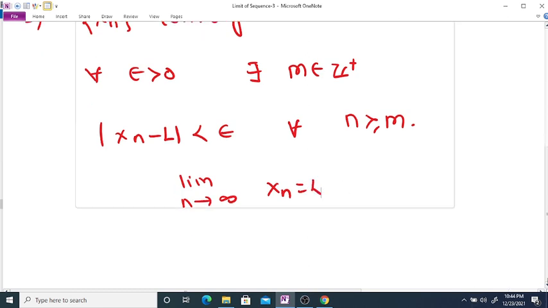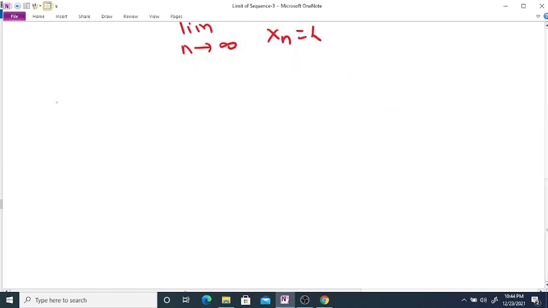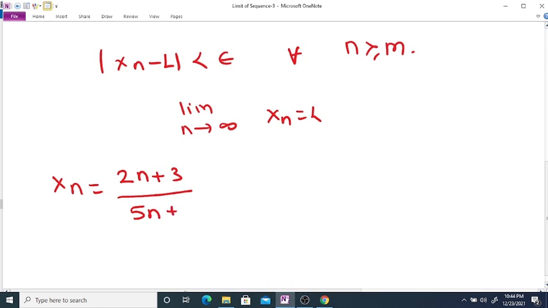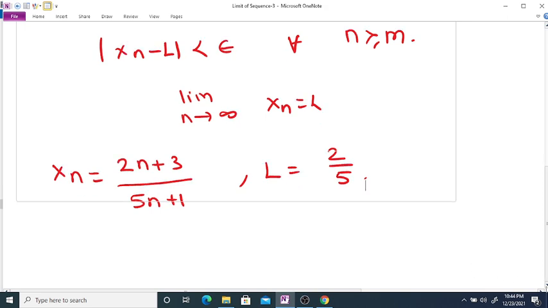Now given the sequence xn equal to (2n + 3) divided by (5n + 1), the limit L is equal to 2/5, and let epsilon greater than 0 be any real number.